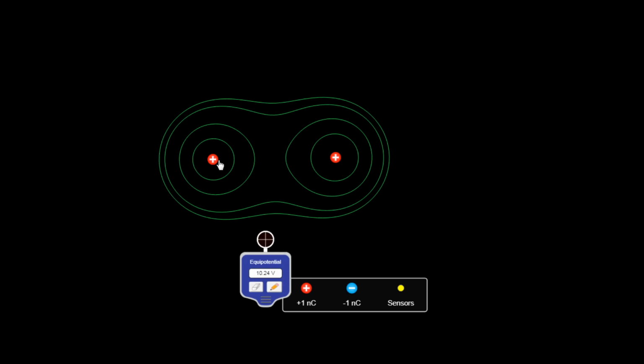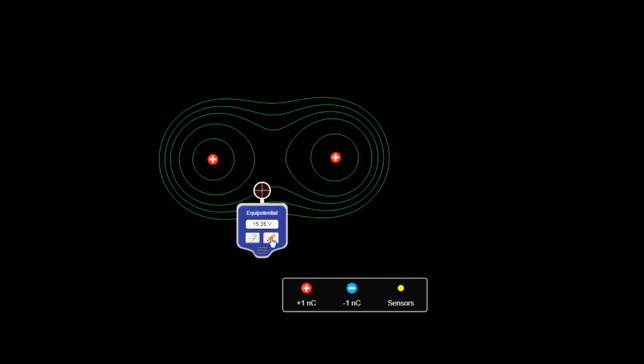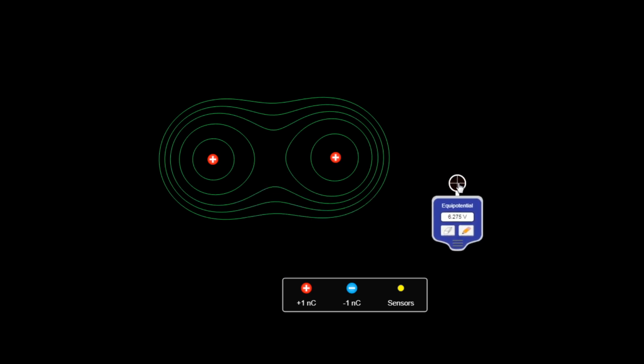Means as you go towards the right from this charge, the distance between equipotential surfaces is increasing. As you go to the left of this charge, the distance between equipotential surfaces is decreasing. So similarly you can infer for this charge also. So the nature of equipotential surfaces for two identical positive charges is represented like this.